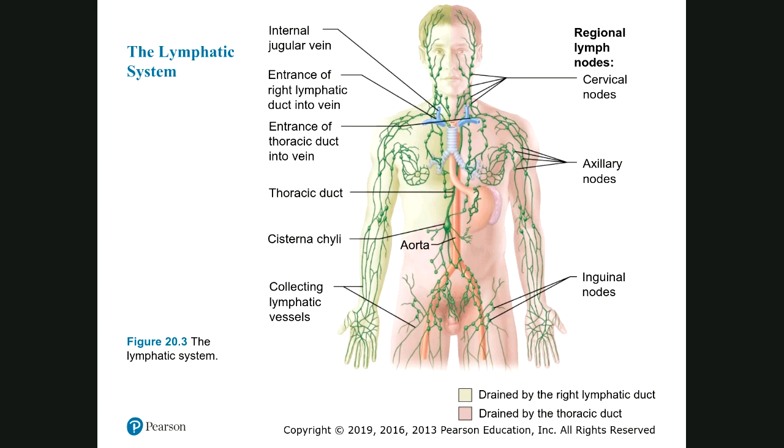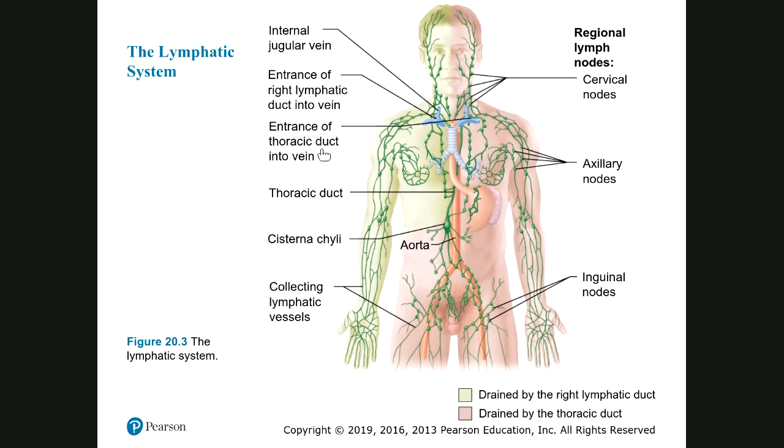From the lymphatic capillaries, our lymph flows through successively larger and thicker walled channels. Lymph flows from our lymphatic capillaries to our collecting lymphatic vessels, from there into our lymphatic trunks, from our trunks into our ducts.